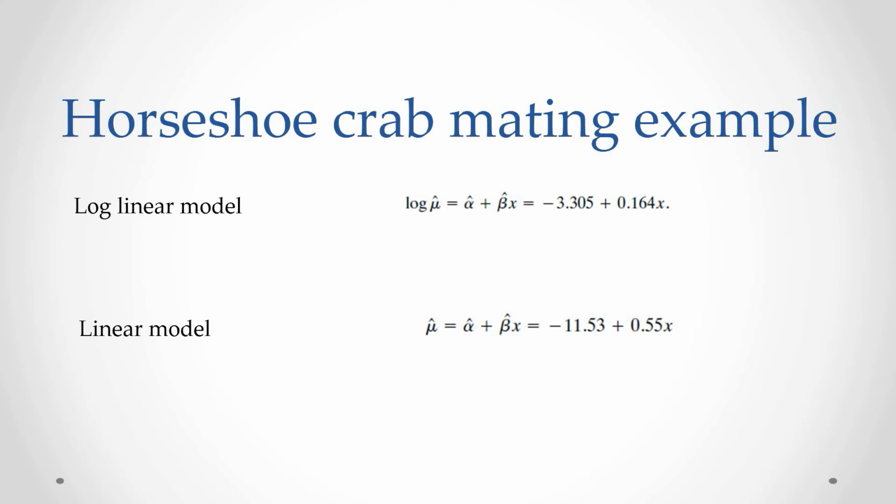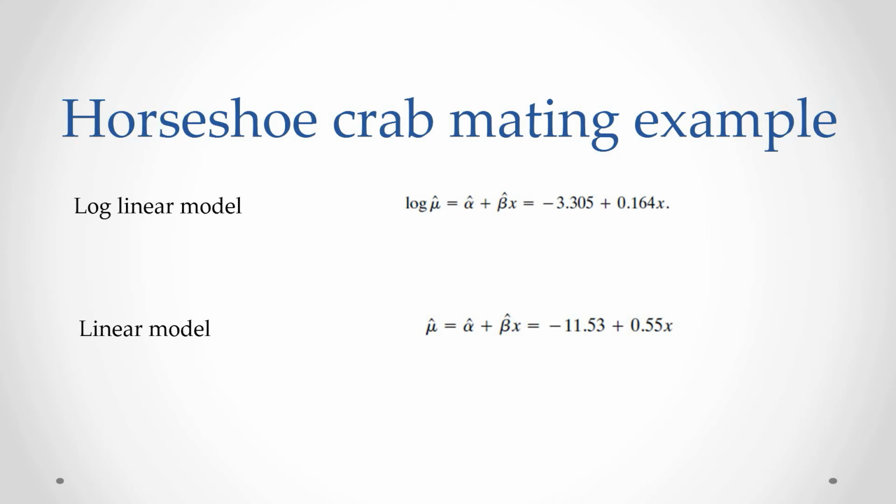We can use this to plot the regression line from this fit. We can, of course, also get the corresponding standard errors of alpha hat and beta hat and use them to test the significance of the coefficients.